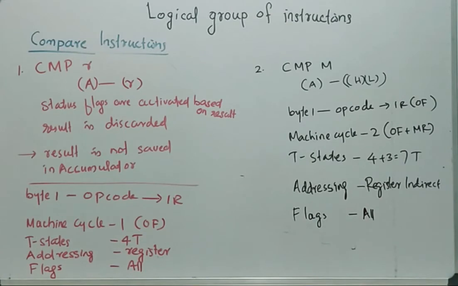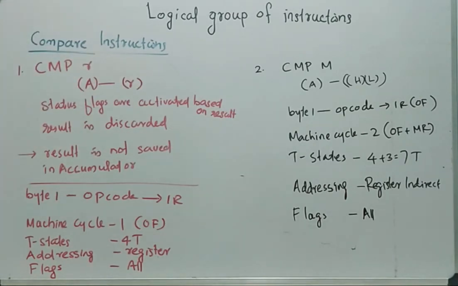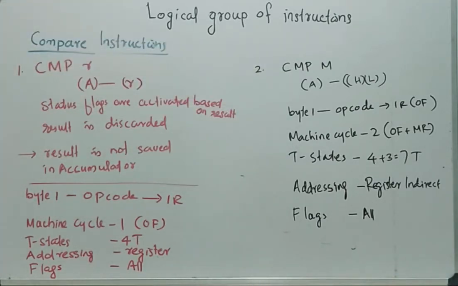During opcode fetch, the MPU needs to take that first byte, that is the opcode, which is saved in external memory, into the instruction register. Then the MPU needs to read the content of the memory location pointed to by the HL pair. That process is memory read. So to complete the execution of this instruction, it requires two machine cycles: one is opcode fetch and another is memory read.